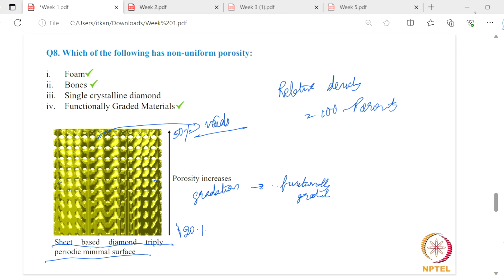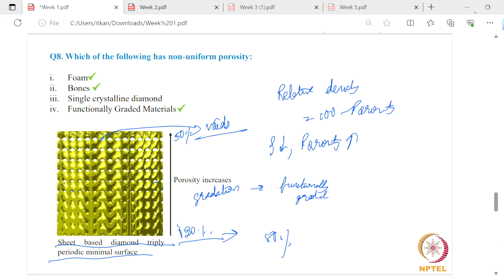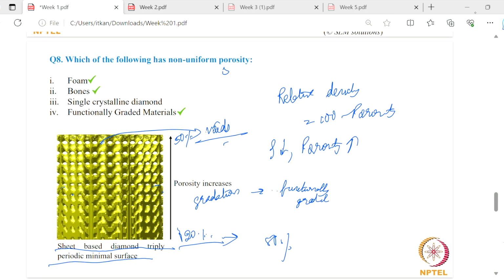Density is decreasing as porosity is increasing. That means if you have 20% porosity here, the density is 80%. If you have 50% porosity here, density is 50%.